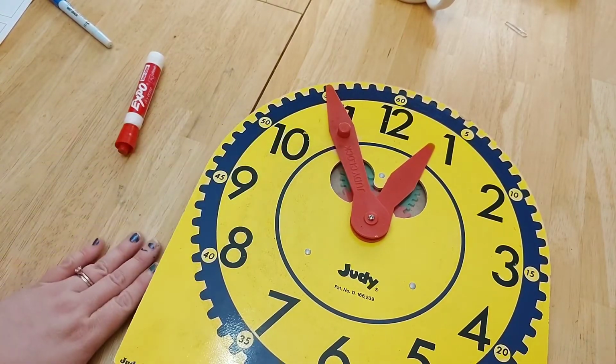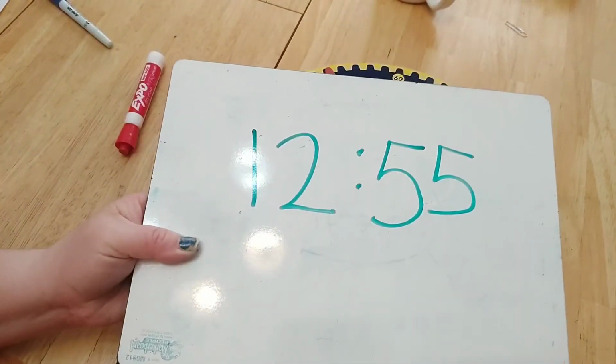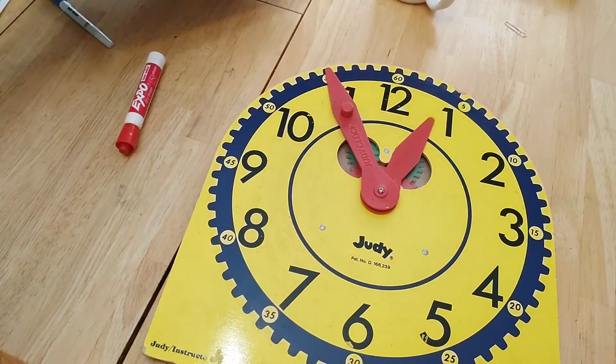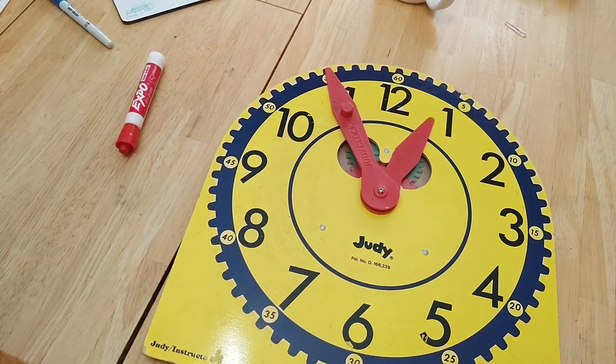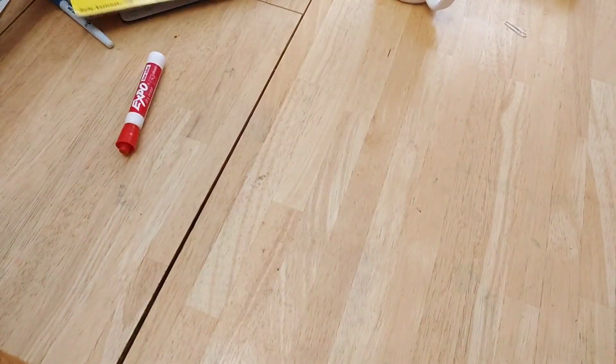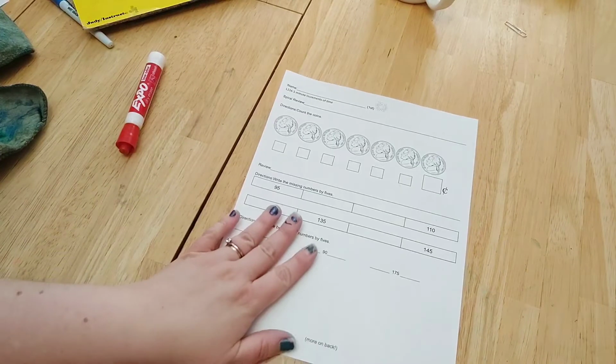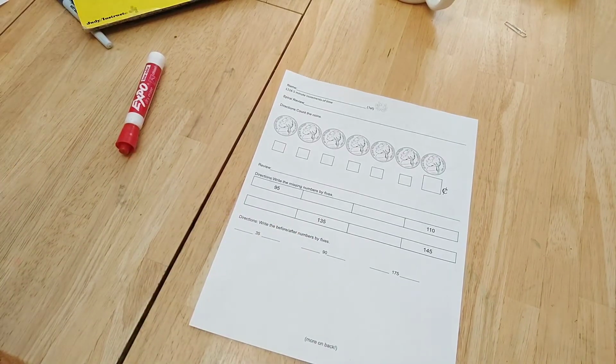Okay. What time is that? All right. If you said 12:55, you are correct. Okay. So now, if you have not had a moment to, pause the video and write the answers down on the worksheet. And now we'll go over the answers.